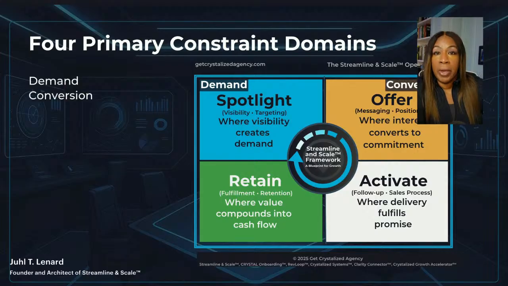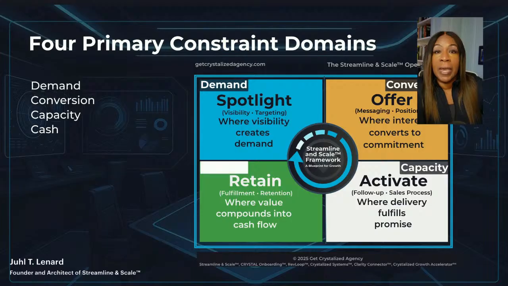The work around conversion, where we find and locate things that need fixing, happens in the offer quadrant. For capacity, that happens in the activate quadrant, where work gets done and where we fulfill the promise. And for cash, that happens in retain. It's where we take the value that we created and turn it into cash.